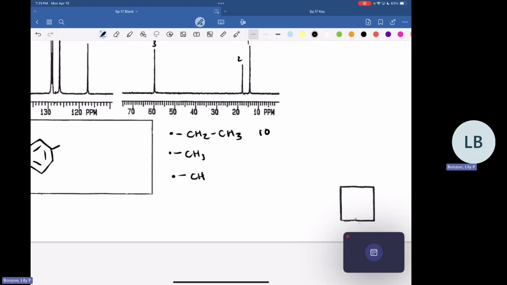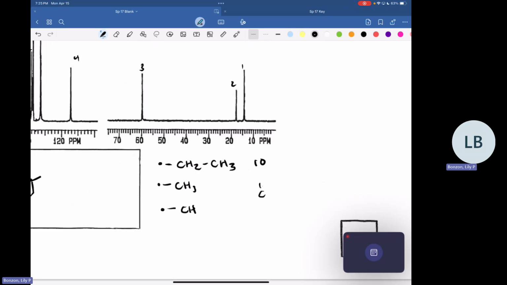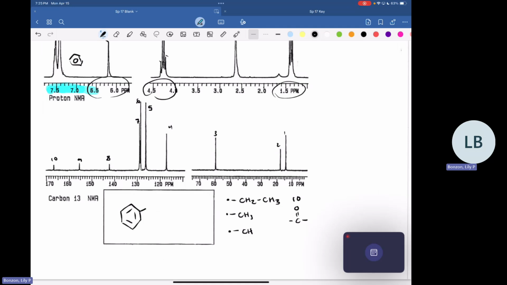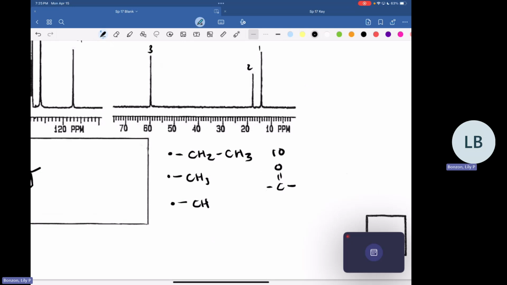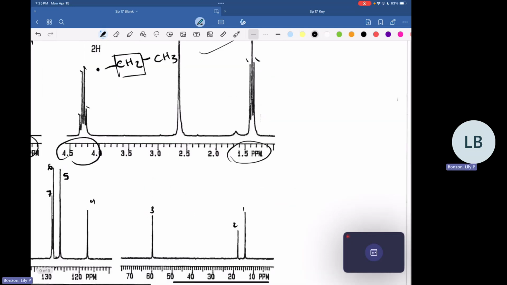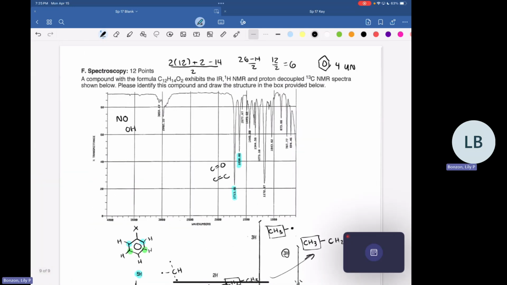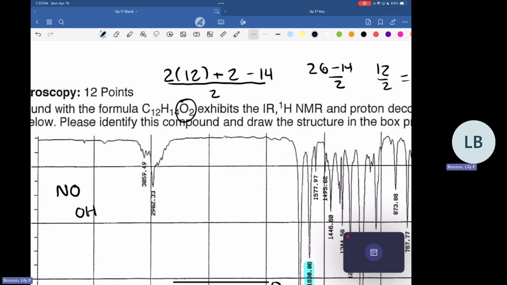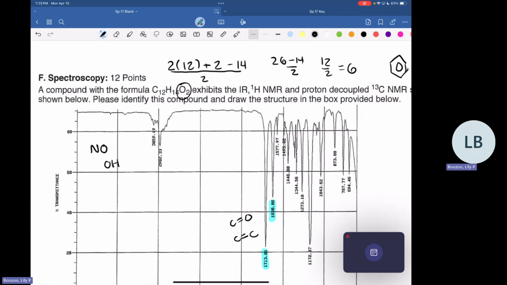And so I think we're definitely going to have our carbonyl carbon. Okay, so forgot to mention, we also have 2 oxygens. So one of those will go to our carbonyl carbon.